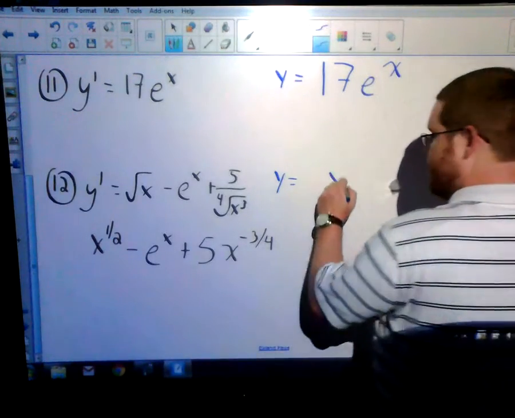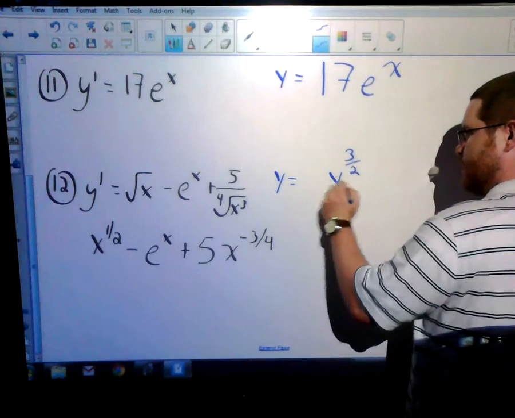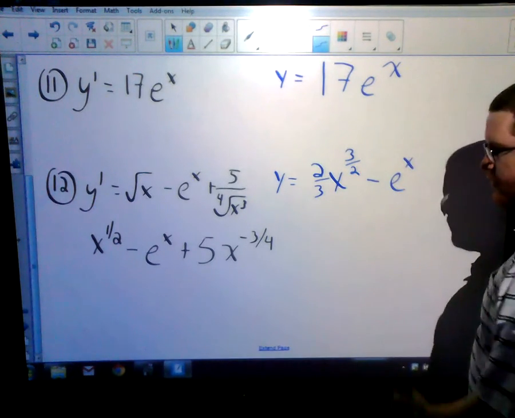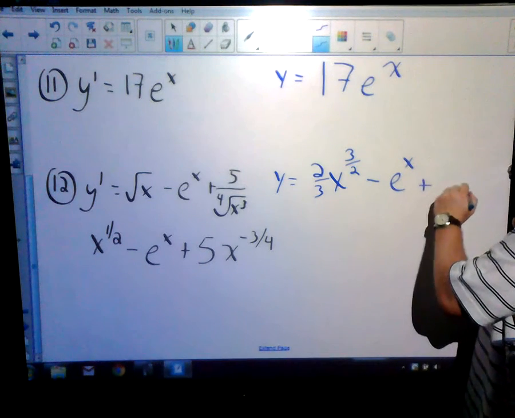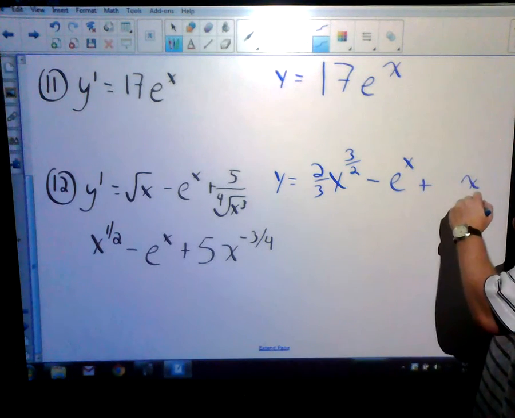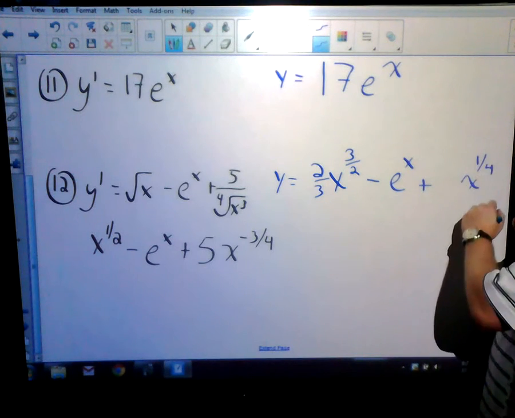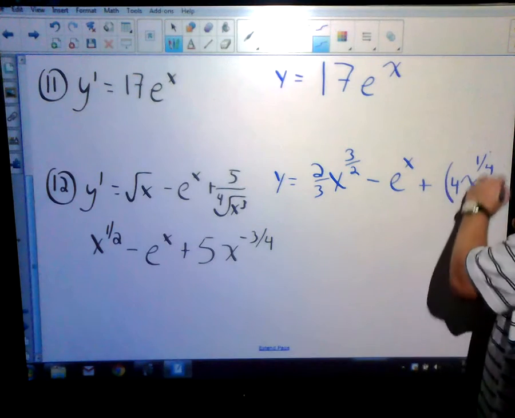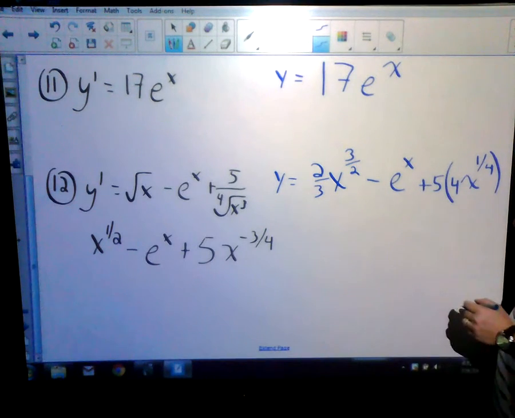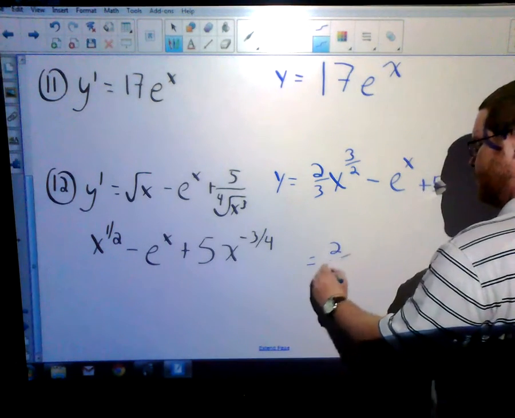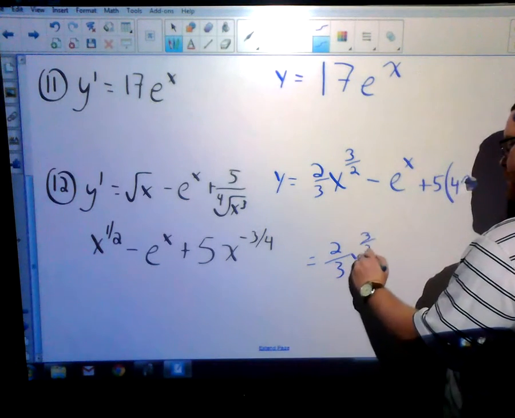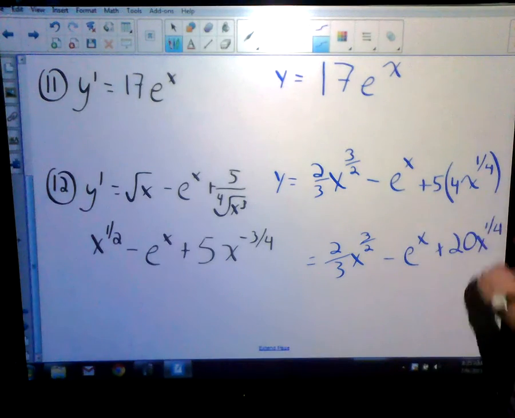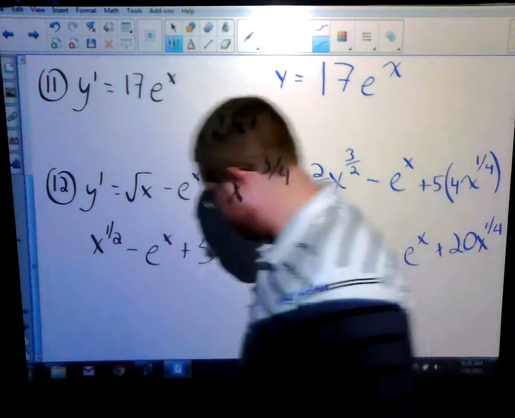So this is x to the 3/2 with the 2/3 in front minus e to the x plus, that's going to be x to the 1/4. If you flip it and put it in front, you'd have a 4, but I still have a 5 here. So my final answer is going to be 2/3 x to the 3/2 minus e to the x plus 20 x to the 1/4. There you have it.